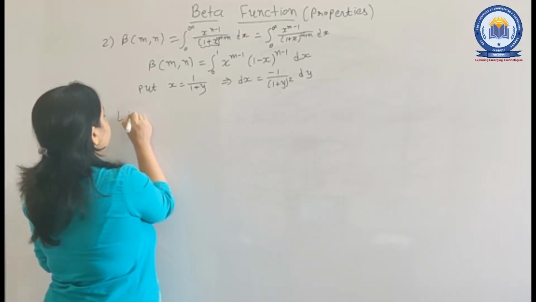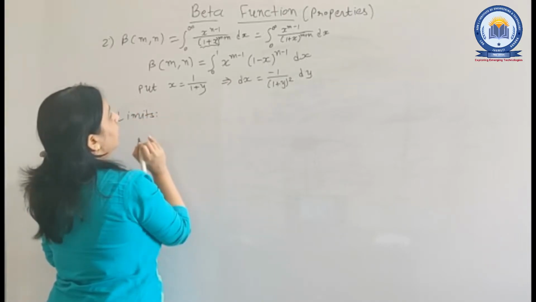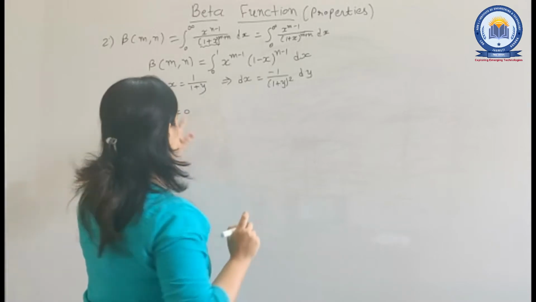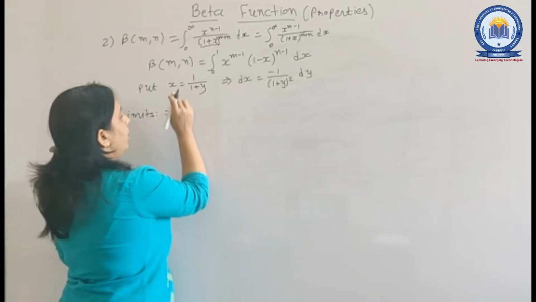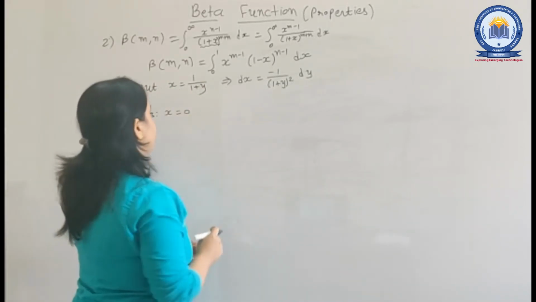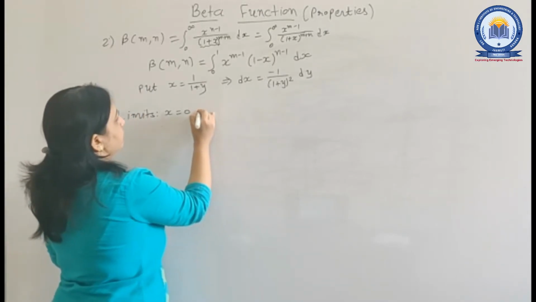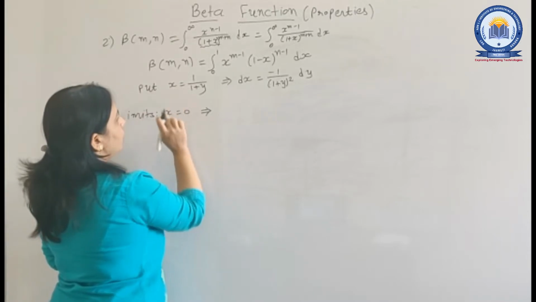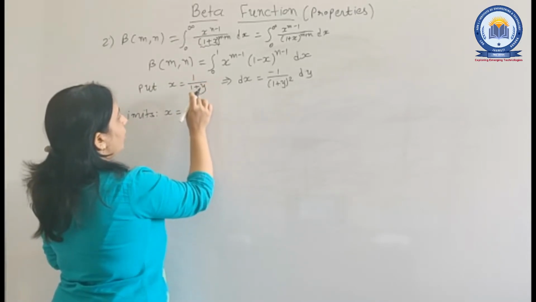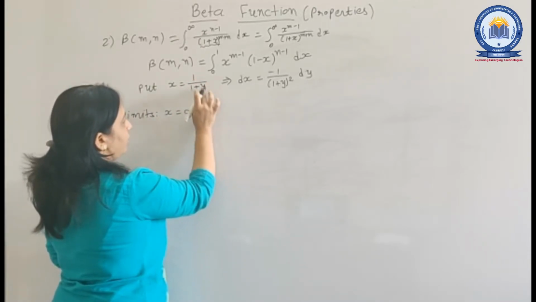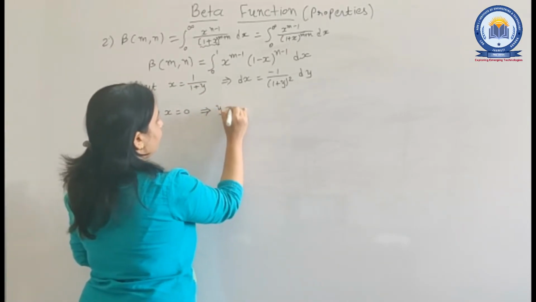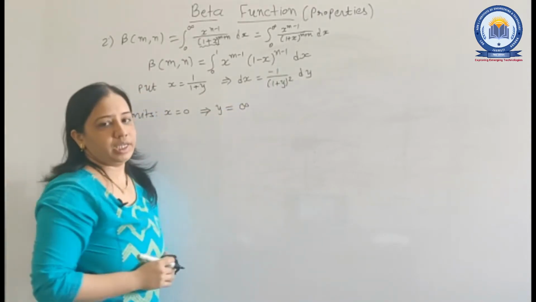So for limits, when x equal to 0, put it into the equation x equal to 0. So at that time 1 plus y equal to 1 upon 0, so y will become infinity.